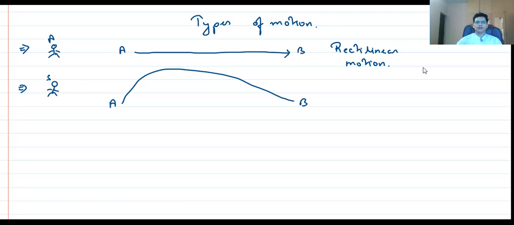Now, since it is not a perfect circle, you cannot say that it is a circular motion. It is called curvilinear, because it is in a curve. Got it?